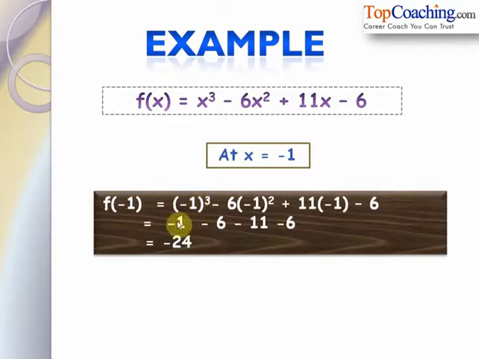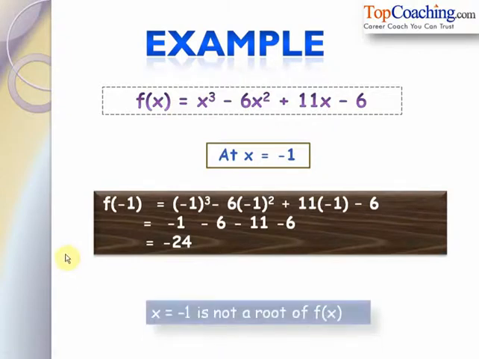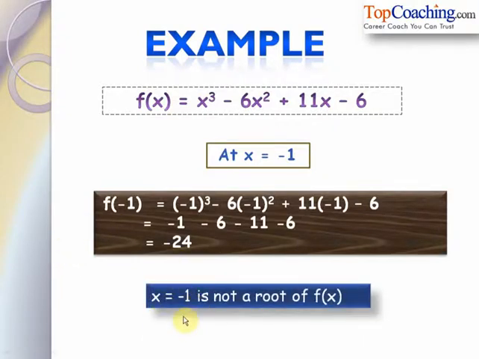This gives the value as minus 1, this gives the value as minus 6, this gives minus 11, and this gives minus 6. When we add them all, what we get is f of minus 1 equal to minus 24. Thus we see that when the input is x equal to minus 1, the output is not equal to 0, but it is actually equal to minus 24. Thus we can say that x equal to minus 1 is not a root of f(x).